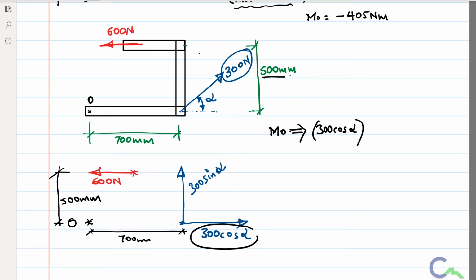If I shift that force along its line of action, it is passing through O. Therefore there is no perpendicular distance from O, therefore that is 0.